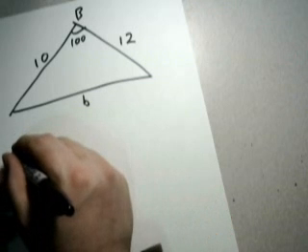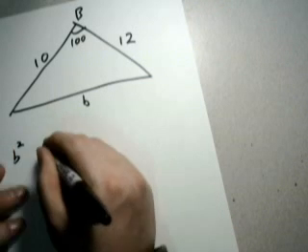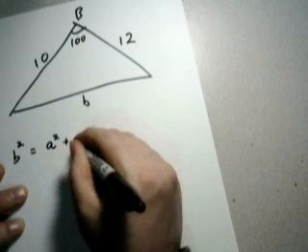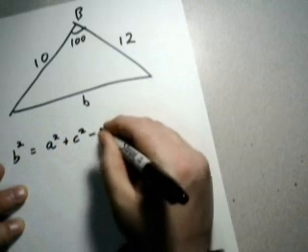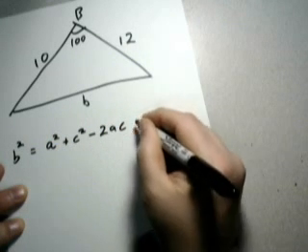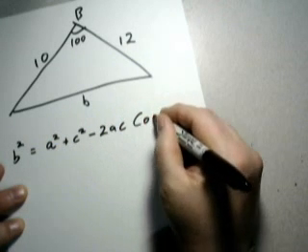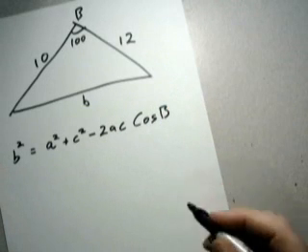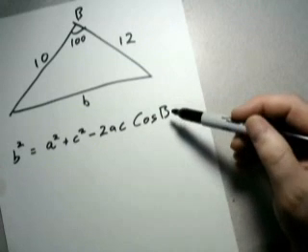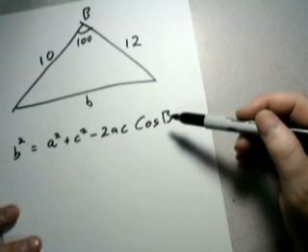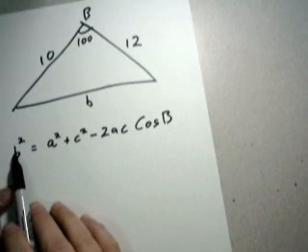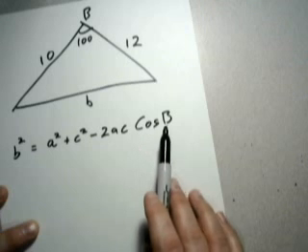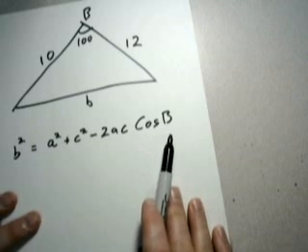All right, and it is b squared is equal to a squared plus c squared minus 2ac times the cosine of b. Now, there are several versions of this depending on what side it is that you're looking to find. But the side on the other side of the equal sign will always match up with the cosine angle of that angle.